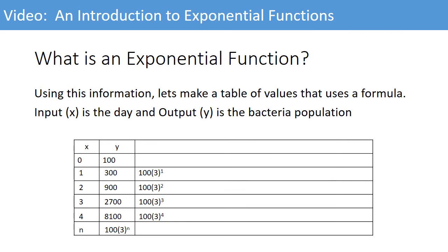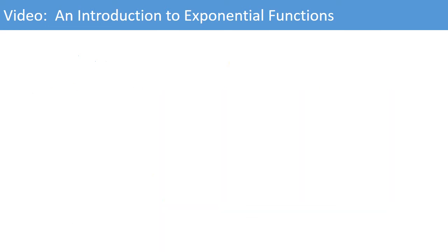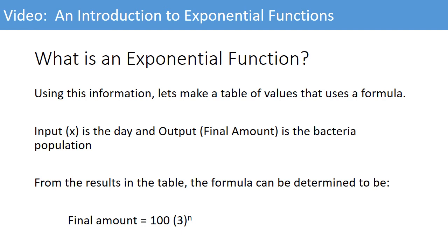So what is the formula? 100 times 3 to the exponent n. Now we have an equation that we can use. So we can say the final amount is equal to 100, the initial amount, times 3, the growth rate, to the exponent n, which is the number of days.